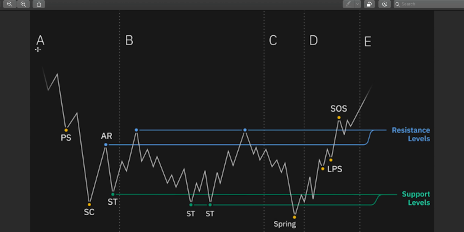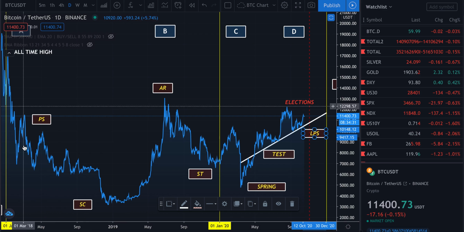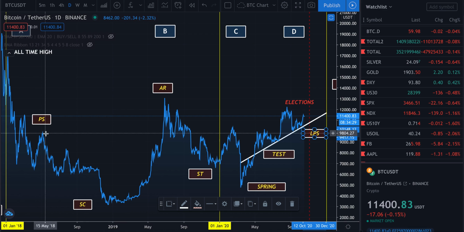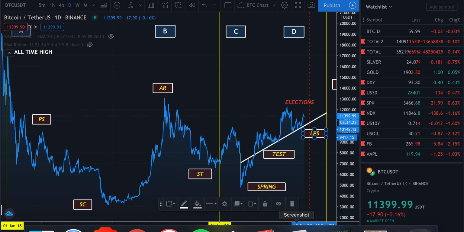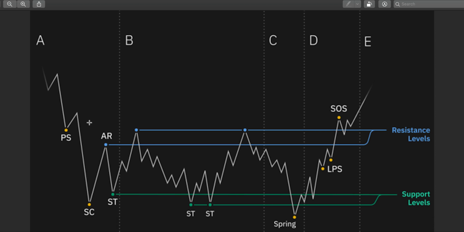So here we are, assuming that A was the correction from the all-time high when Bitcoin was at 20,000. It comes down to the PS phase, and we came down to the PS phase, and that's not as low as we'll go. We will actually correct more and come down to this SC phase, and as you can see here, we came down to the SC phase.